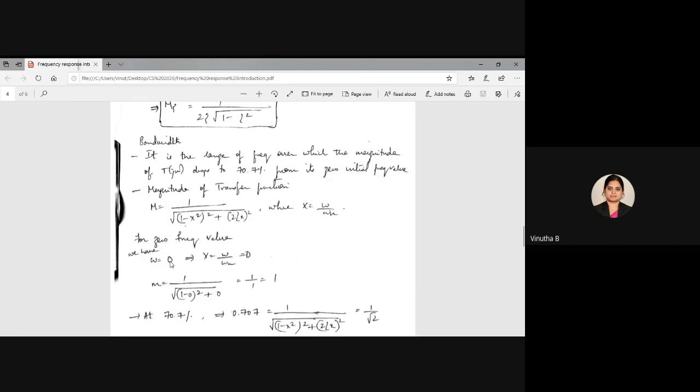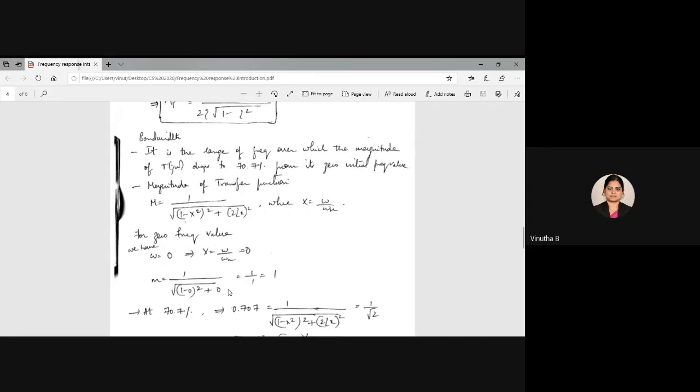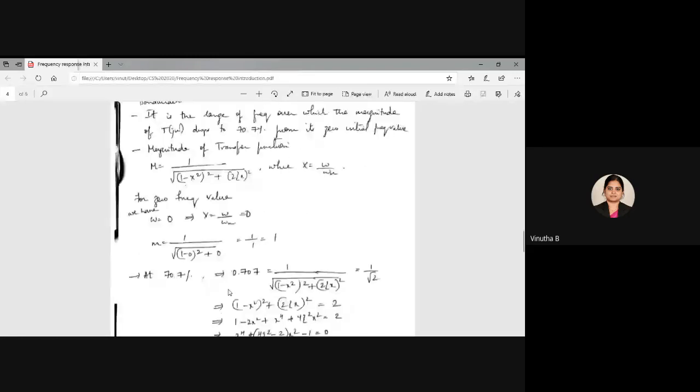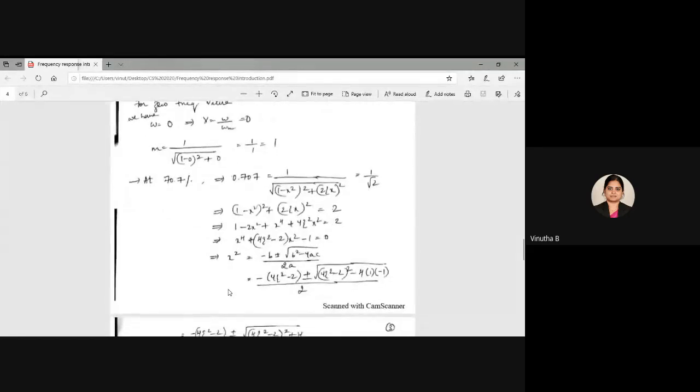Omega will be 0, so x is equal to omega by omega n will also be 0. So what is M now? In place of x, you have to substitute 0. So that will be 1 by square root of 1 minus 0 the whole square plus 0, which is equal to 1 by 1, that is equal to 1. So the magnitude is 1.